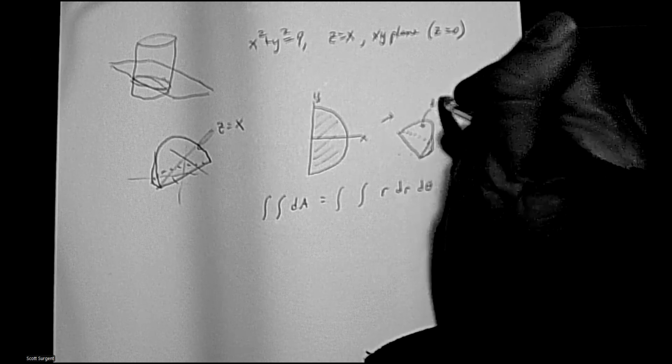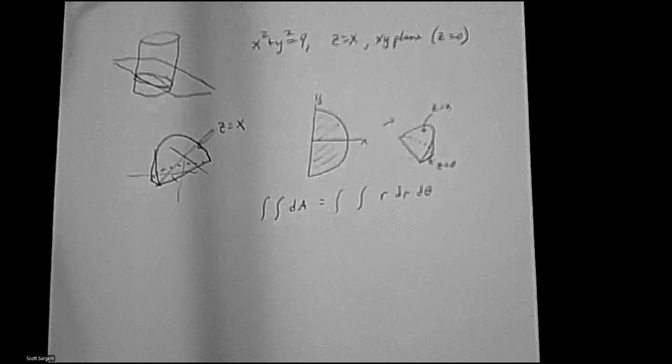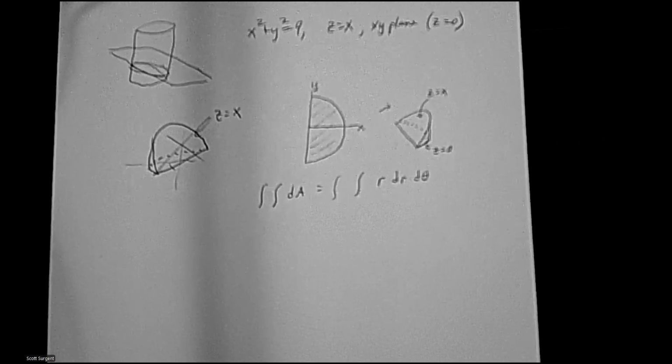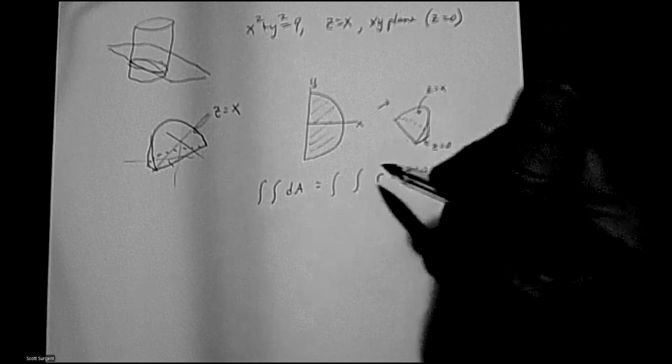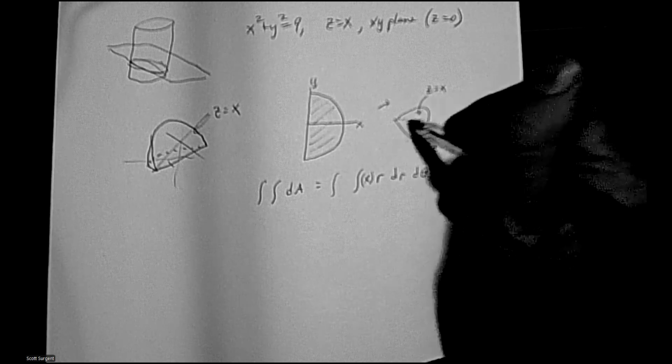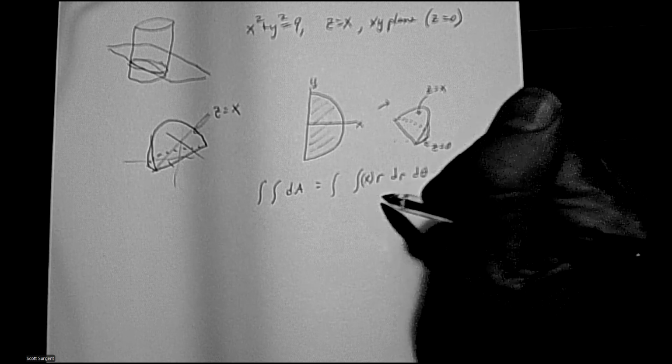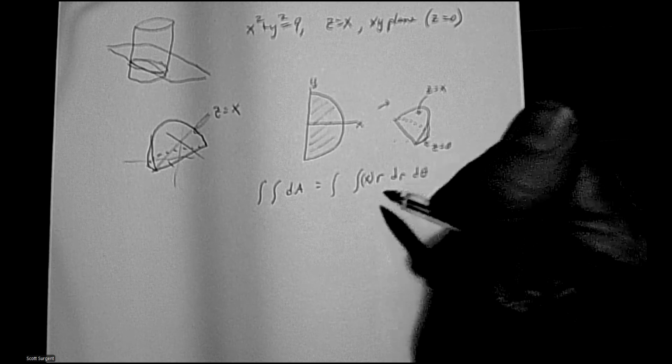So you have z equals x here, and then on the bottom you have z equals 0, which is the xy plane. Okay, that's where the x came from. So I'm going to throw an x in here temporarily because that's just the top. That's basically the area and the volume under the surface. We're going to replace that x here in 2 seconds.